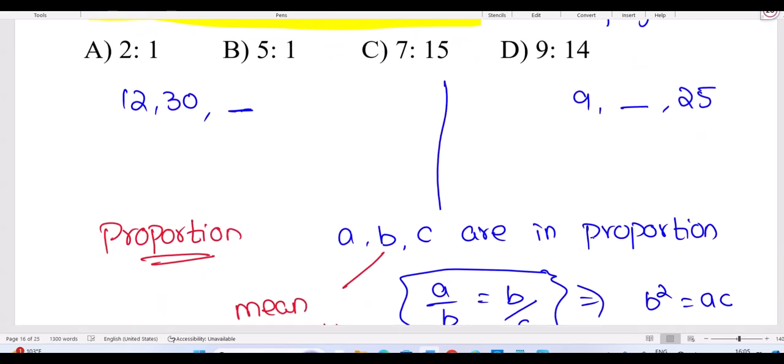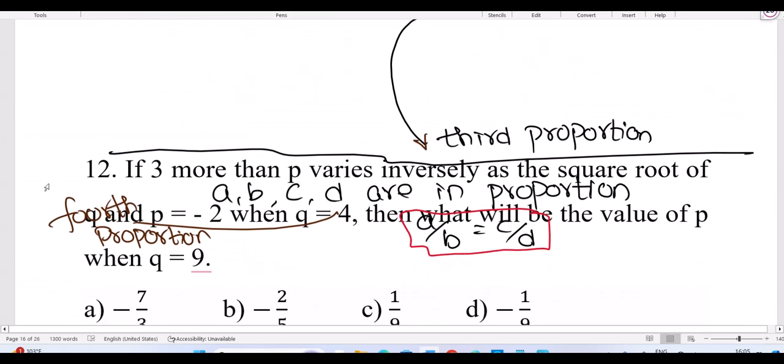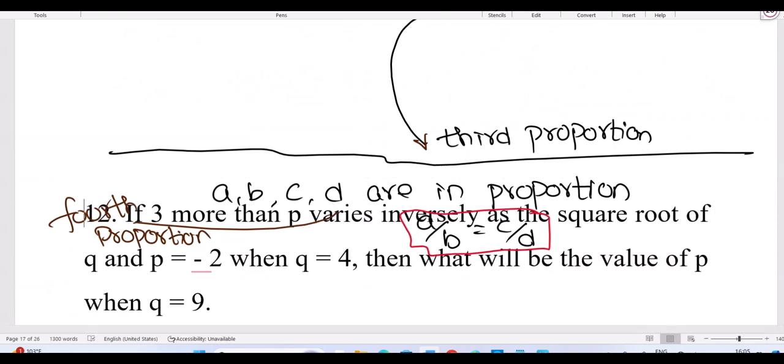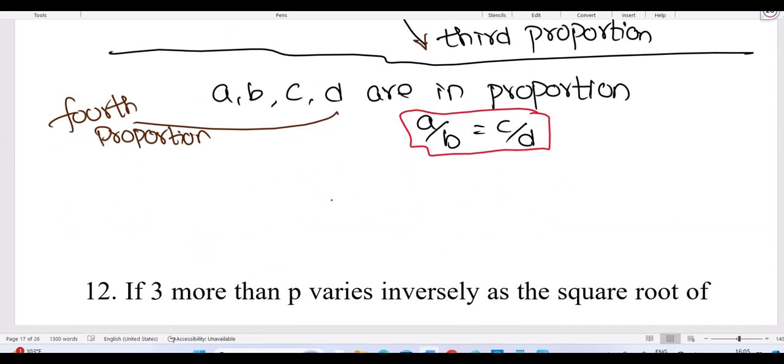And maybe here and there you can see one phrase called product of extremes equal to product of means. That is actually from this one only. A and D equal to B and C, right? B and C are in the middle, meaning A and D are on the left hand and right hand, the extremes.